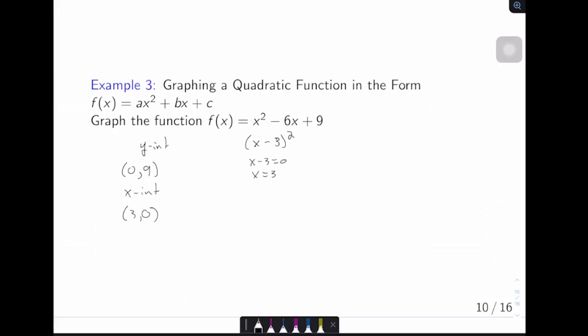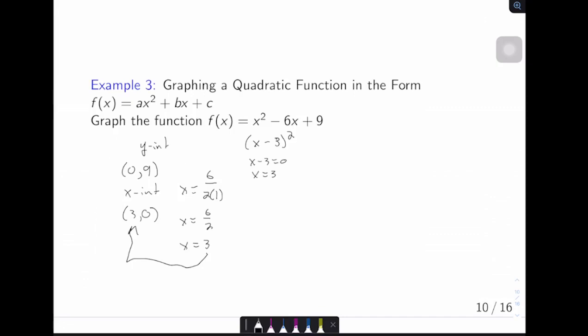We just need a vertex now. Our vertex is going to be at x equals the opposite of b, so that's 6 over 2 times our a, which is 1. So x equals 6 over 2, or x equals 3. Hey, look at that. It looks like our vertex is going to be our x-intercept.